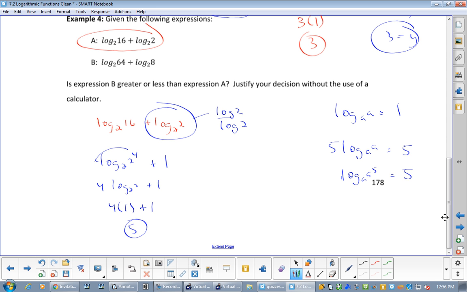So the reality is I'm showing you a bunch of ways, but you could have just put this into your calculator right away as log 16 over log 2 plus log 2 over log 2, correct? I know you can do that. But I wanted to show you, what if you put it in your calculator wrong? Could you catch it?